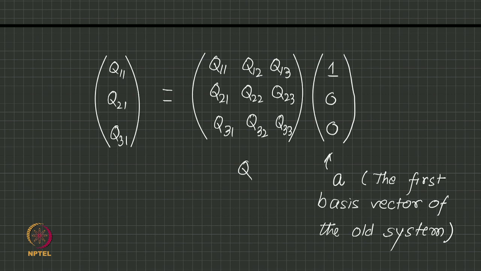And if you notice, this will be the coordinates of A in the A prime, B prime system, or in the new system, the coordinates of the first old vector in the new coordinate system.